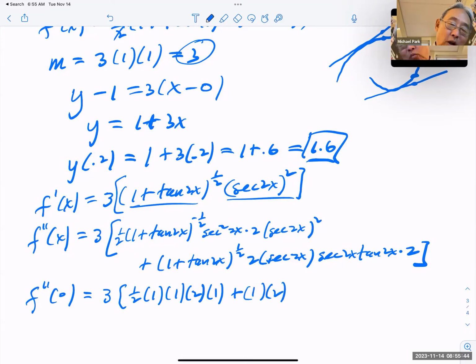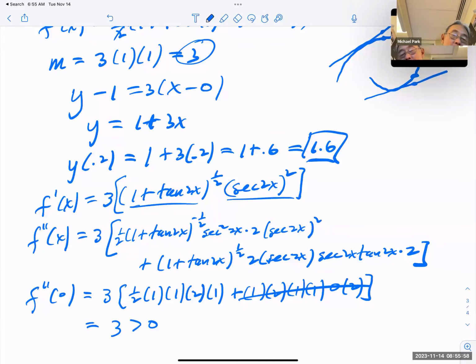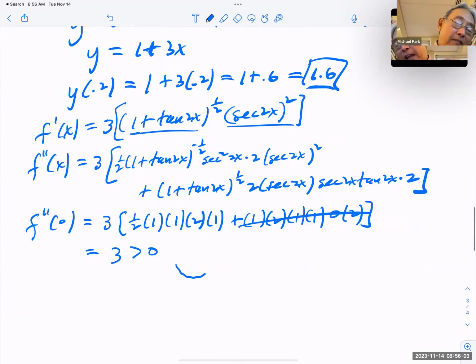Secant of 0 is 1 times 1. Tangent of 0 is 0, which just wipes out everything there. So you got 1/2 times 2, which is 1 times 3. So you get 3, which is positive. If the second derivative is positive, that means the function is concave up, which means the point on the line is below the curve, which means we have an underestimate.